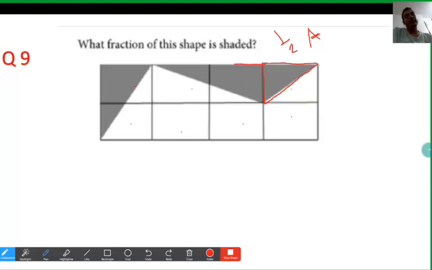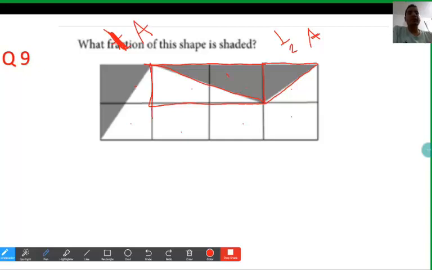And if you look at these two rectangles, this triangle is half of the two rectangles. Half of triangle plus half of triangle, that means 1A is shaded. One area of rectangle is shaded because half plus half is 1.